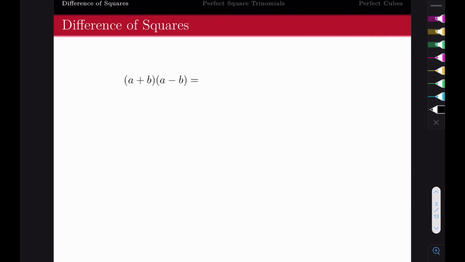So we're going to start with our difference of squares, and we're going to begin by first multiplying out an expression that looks identical, but the signs are going to be different. If we multiply these out, we get a times a for the first term, which is a squared. The outer term is minus ab. The inner term is plus ab.